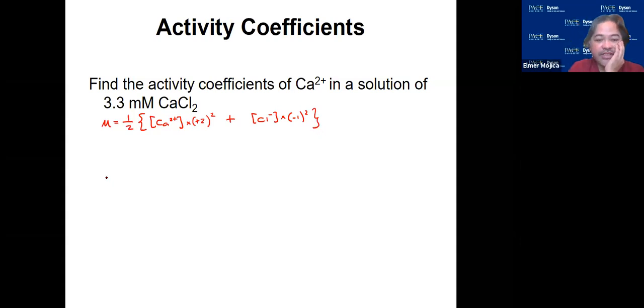So I want you to solve it, at least for the ionic strength. And you have to be careful because this is millimolar. So try to solve it. Try to do it on your own.